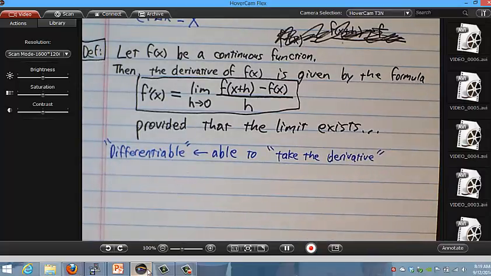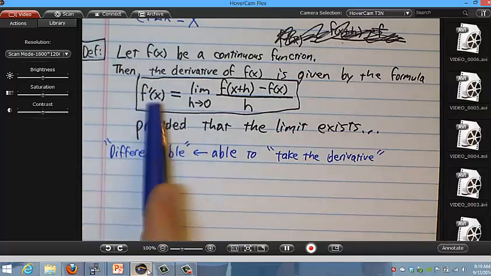This is still kind of garbled, because derivative, what does that mean? Well, that's what I defined. The derivative is going to be a new function that comes from a function. And the new function is going to give me slopes of tangent lines all over the place for anything you put in for x.